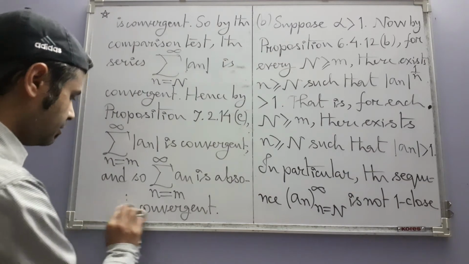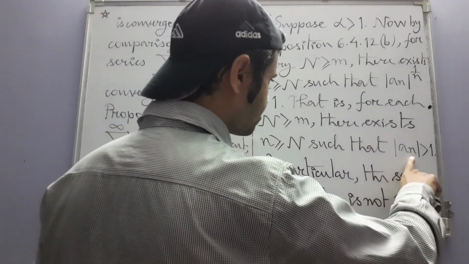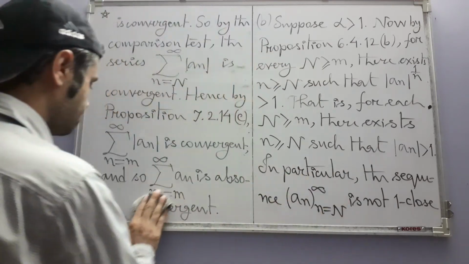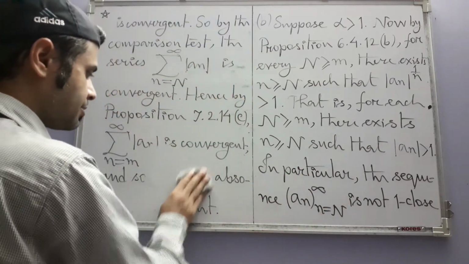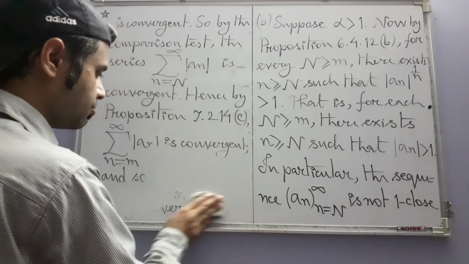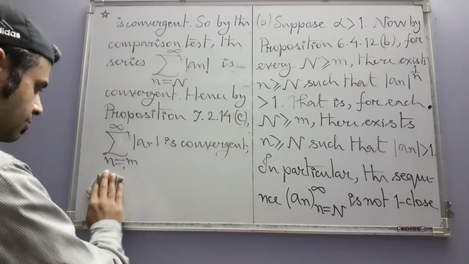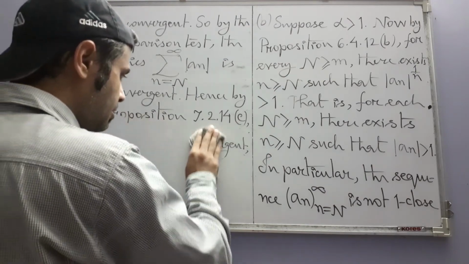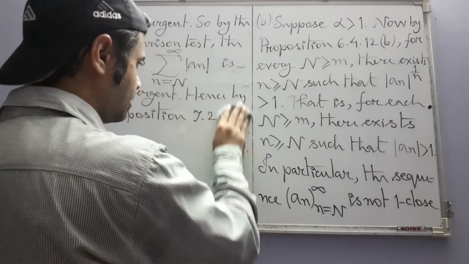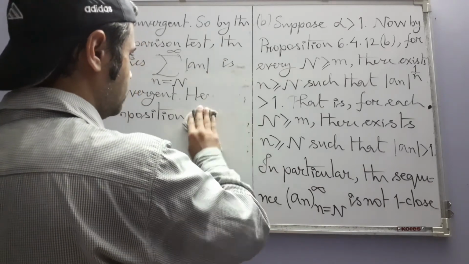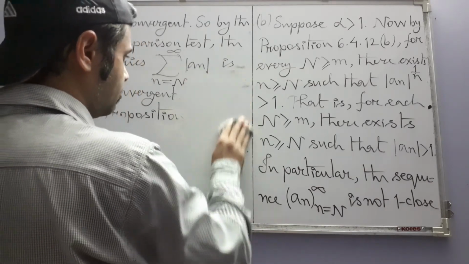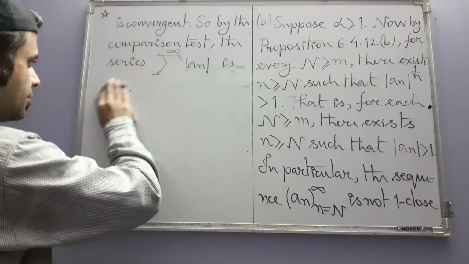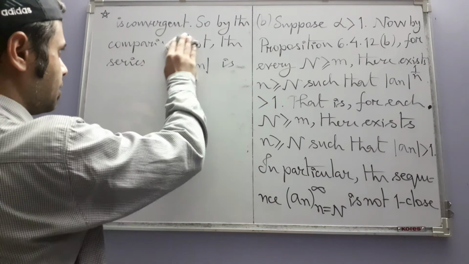Why? Because the distance between this absolute value of an is nothing but the distance between an and 0. A sequence being one close to say 0 just means that the distances of all the terms of that sequence are less than or equal to 1. Here however that is not possible, and this is not possible for any choice of capital N.